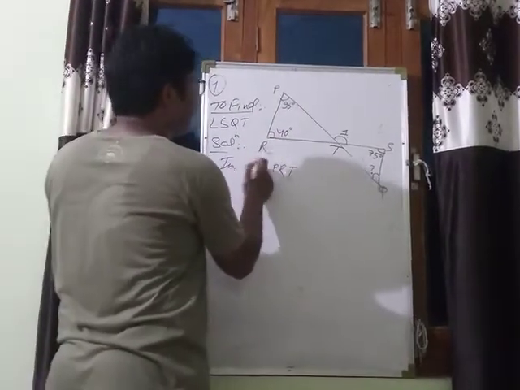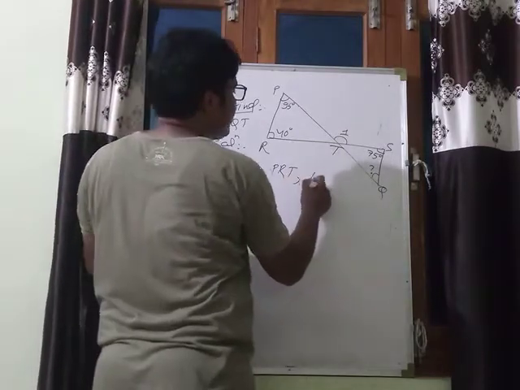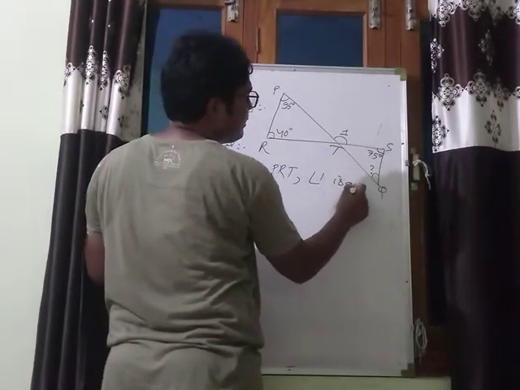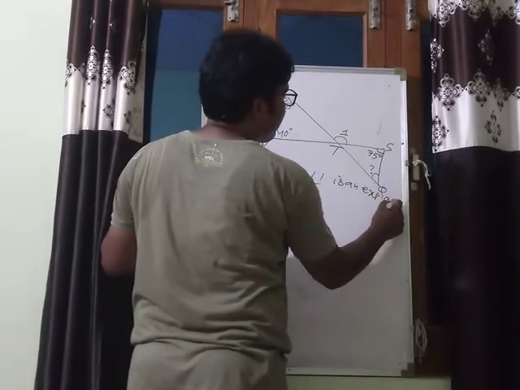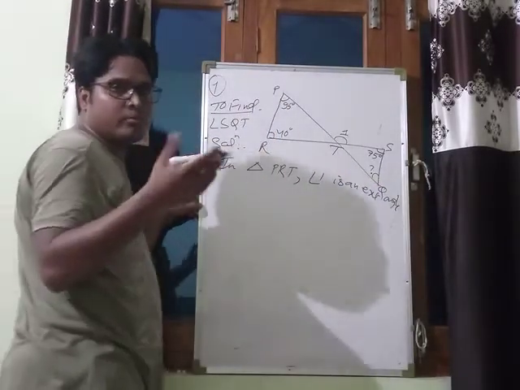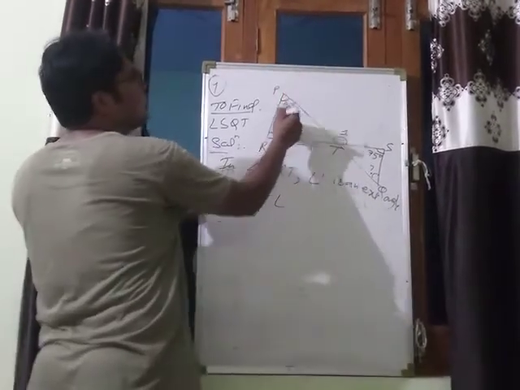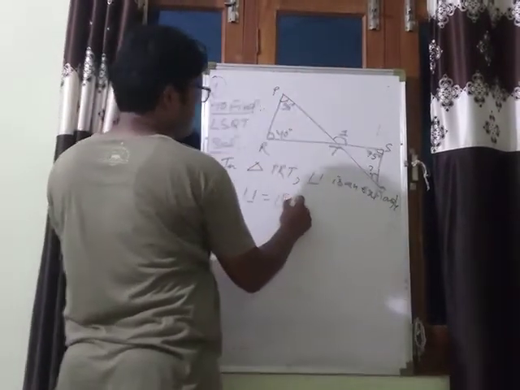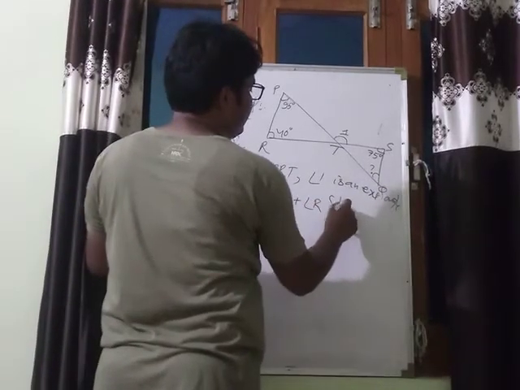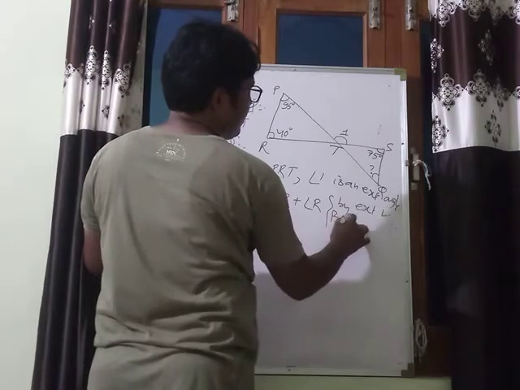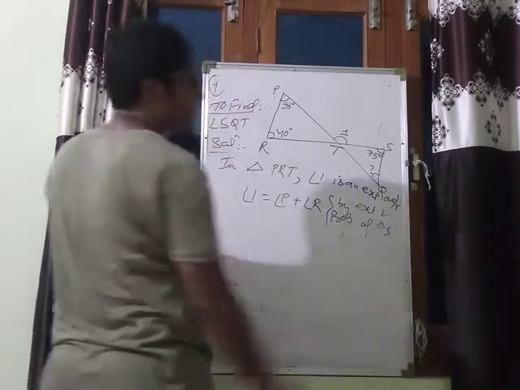In triangle PRT, you can see this angle 1, that is PTS, is an exterior angle. So what is the property of an exterior angle? Angle 1 will be equal to the interior opposite angles, angle P plus angle R, by the exterior angle property of triangles.